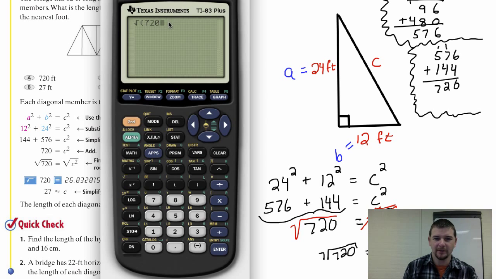If we were continuing and performing more operations to the square root of 720, it would be very important to close the parentheses so that the square root wasn't applied to the rest of the expression. But since we're not, I can get away with deleting that.